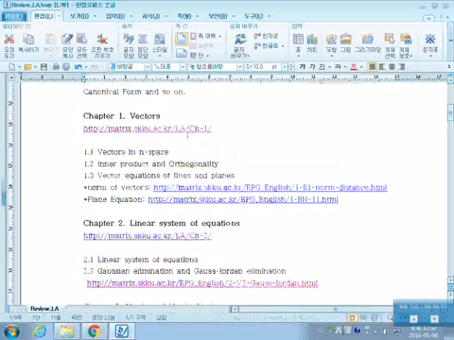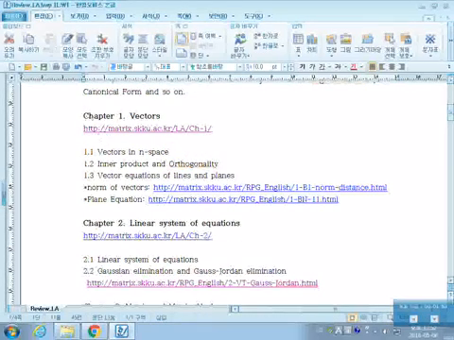So first we will consider chapter 1, vectors. For this chapter we are talking about vectors in n-space, and mainly the inner product of 2 vectors and the norm of vectors.